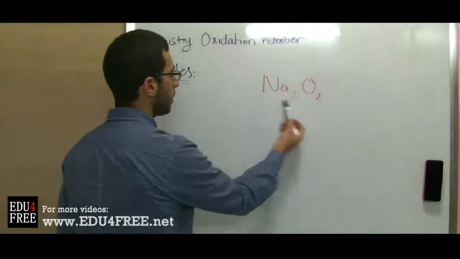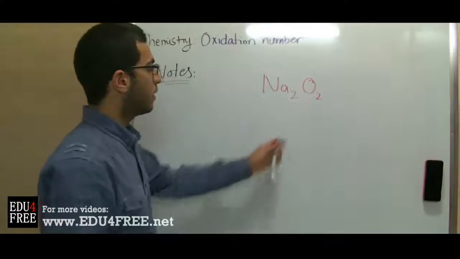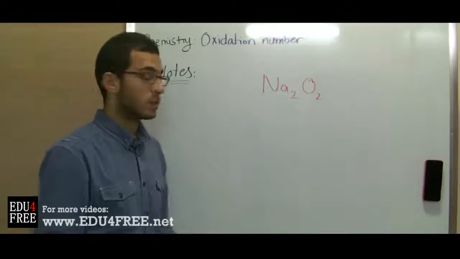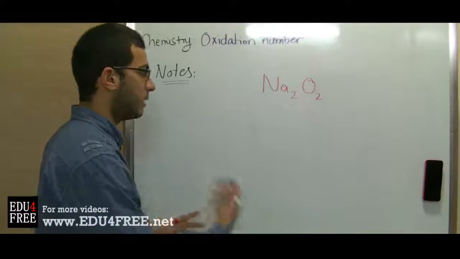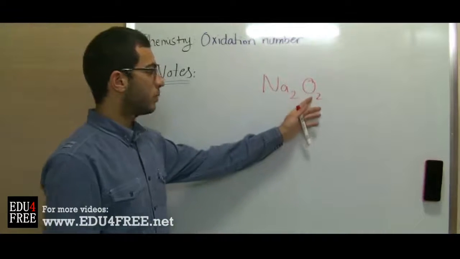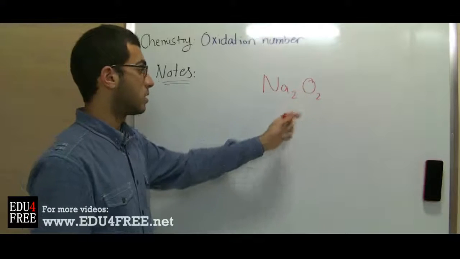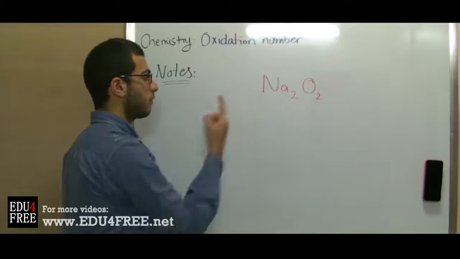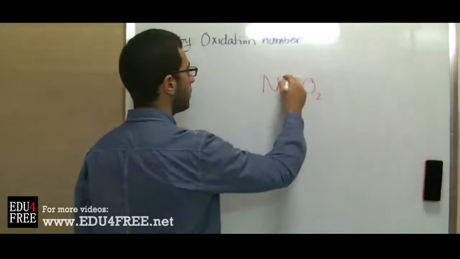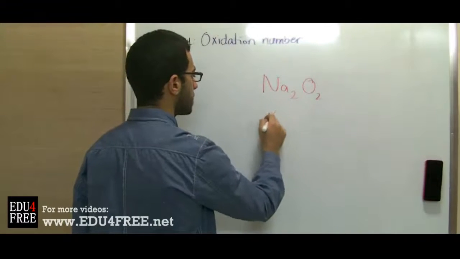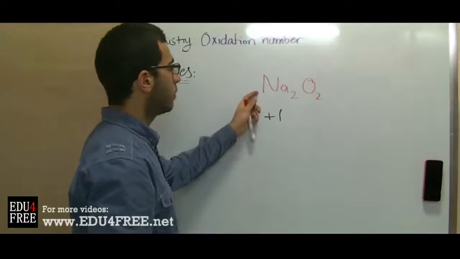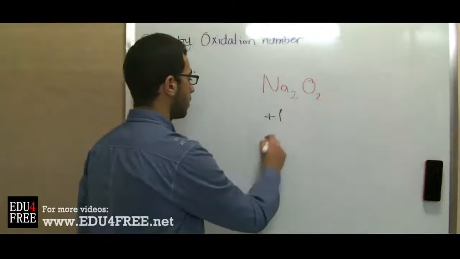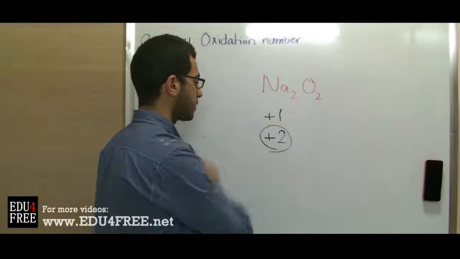So we begin with sodium, because we know that the oxidation number of oxygen, okay, it's negative 2, but in some cases it can be different. So we don't put the oxidation number of oxygen. We work with sodium. So the oxidation number of one sodium atom is positive 1. So here we have 2 sodium atoms, so we get a total number of 2 electrons.